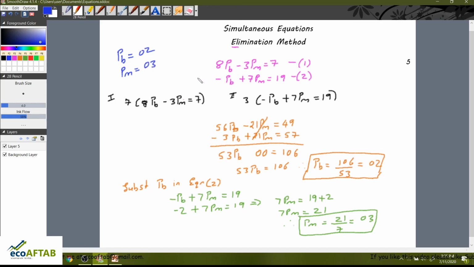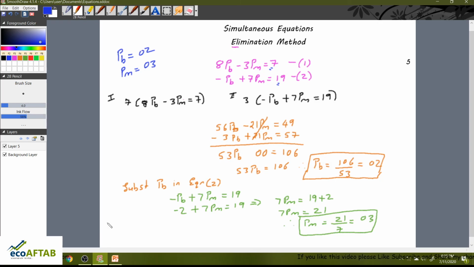If you insert the values of banana and mangoes in both the equations, if I say 8 multiplied by 2 minus 3 multiplied by 3, you will get the answer as 7. Similarly, minus 2 plus 7 multiplied by 3, you will get the answer as 19. This is how we solve simultaneous equations through elimination method.